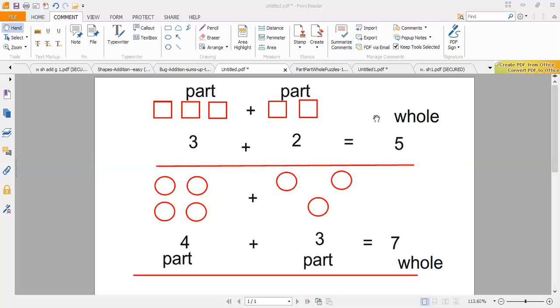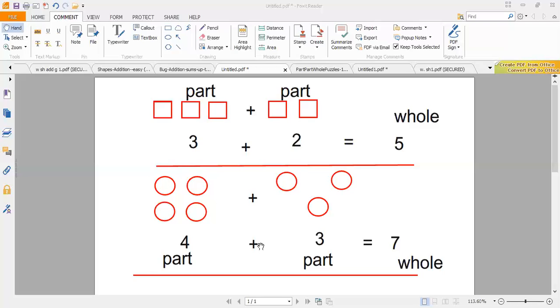Let's try another example. Where are the parts here and where is the whole? The parts are the smallest numbers and the whole is the biggest number. The parts here are 4 and 3, with a plus sign between them.